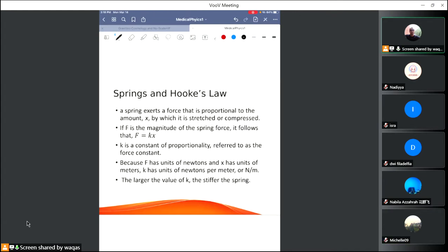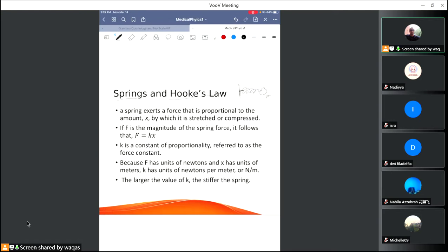Okay, now we can try to understand the spring and Hooke's law. So this is my spring, for example, and it has a mass m.